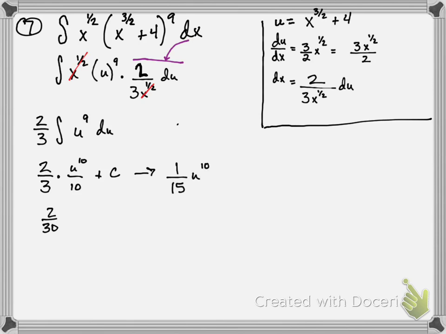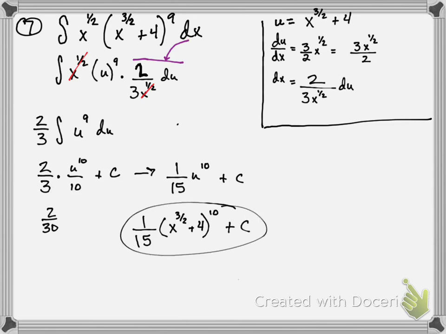Then you've got u to the 10th plus c. And we said u is actually x to the 3/2 plus 4, to the 10th power plus c. Phew! Look at that one.